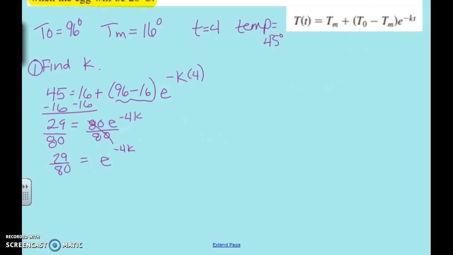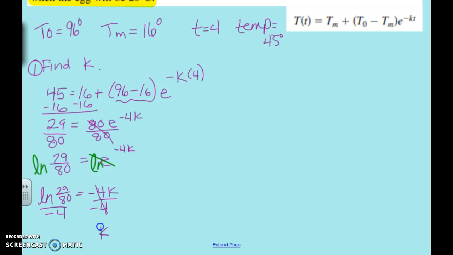Well, in class earlier this week, I taught you that if you take the natural log of base e, they cancel each other out. And it leaves you with an answer of the natural log of 29 over 80 equals negative 4k. To finish solving for k, we would divide both sides by the negative 4.